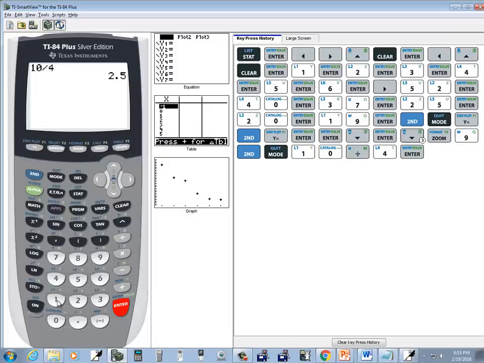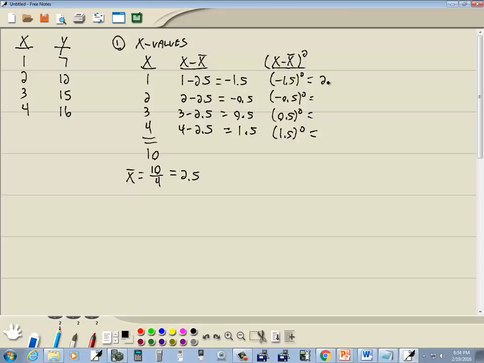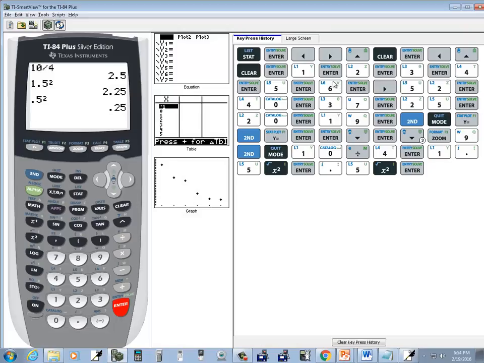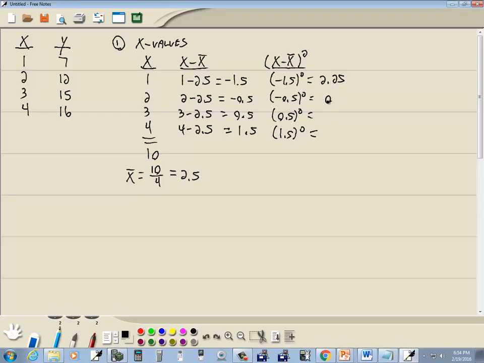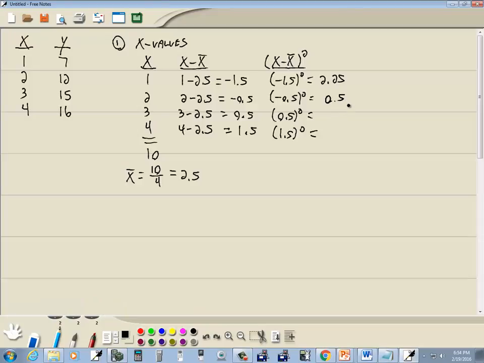That gives us 2.25, 0.25, 0.25, and 2.25. Remember, when you square anything, it becomes positive.